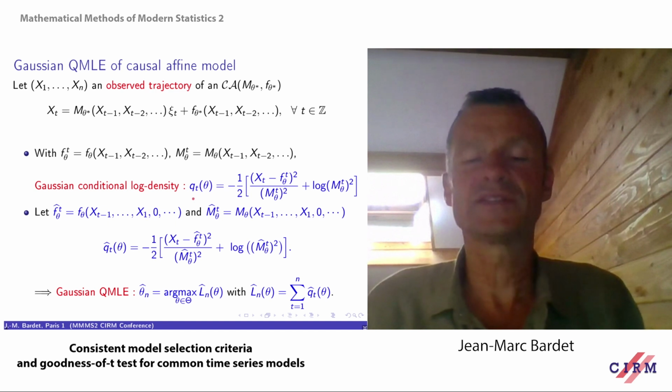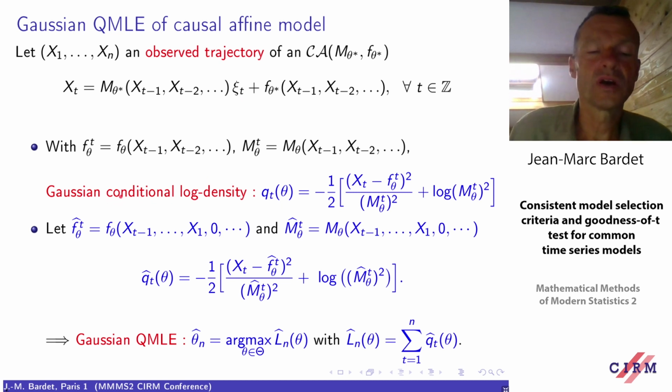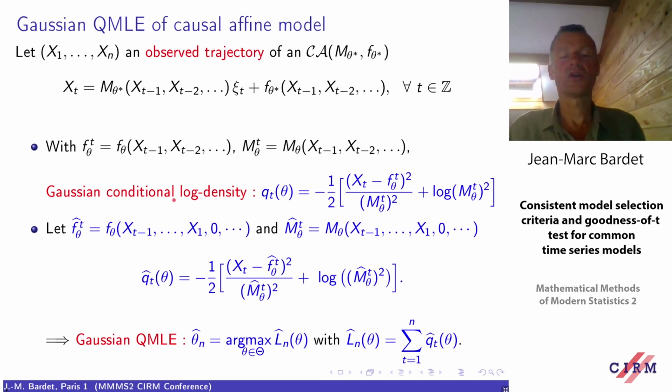To obtain it, we will assume that epsilon_t is a standard Gaussian random variable, and we will use the conditional log density, that is, we will first give the density of X_t conditionally on the past values of X_t.